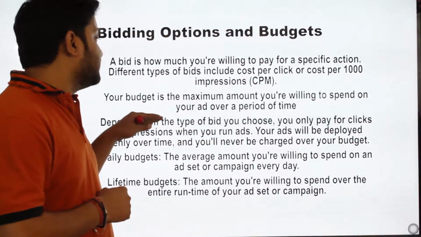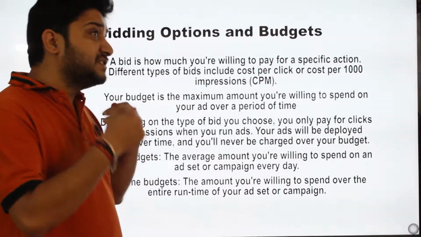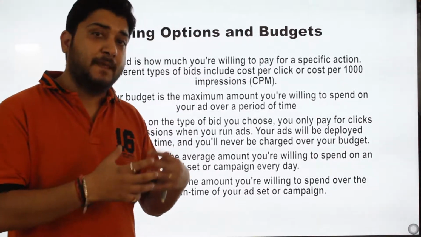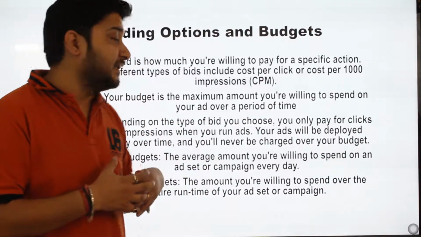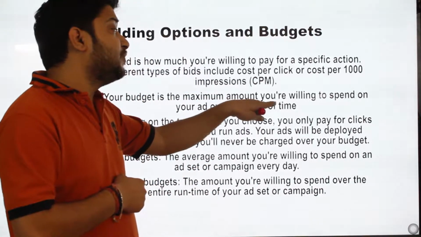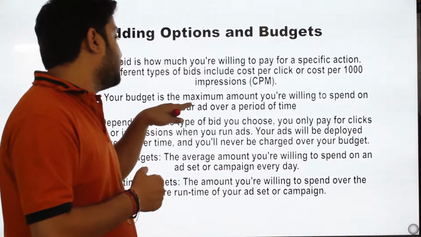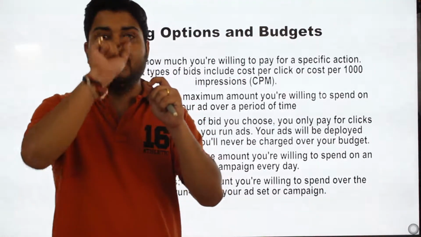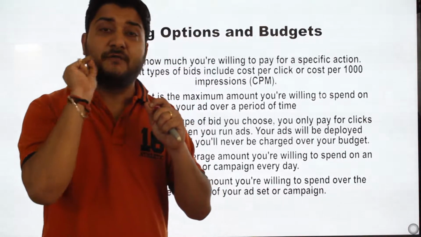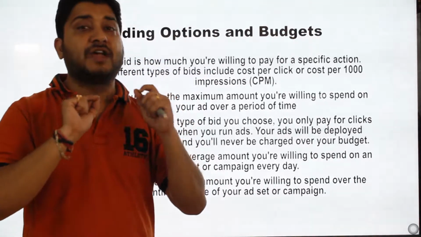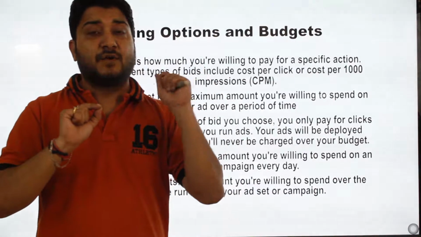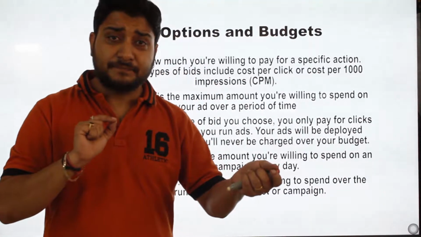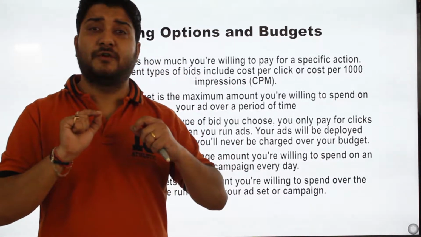Now we'll move to budgets. The first one is the max budget. What is the budget that you have to set for your campaign? That is the maximum amount you're willing to spend on your ad over a specific period of time. When you're making a campaign, you need to define the budget for it. Say your campaign is running for 30 days, and you'll be spending around 10,000 rupees for it.